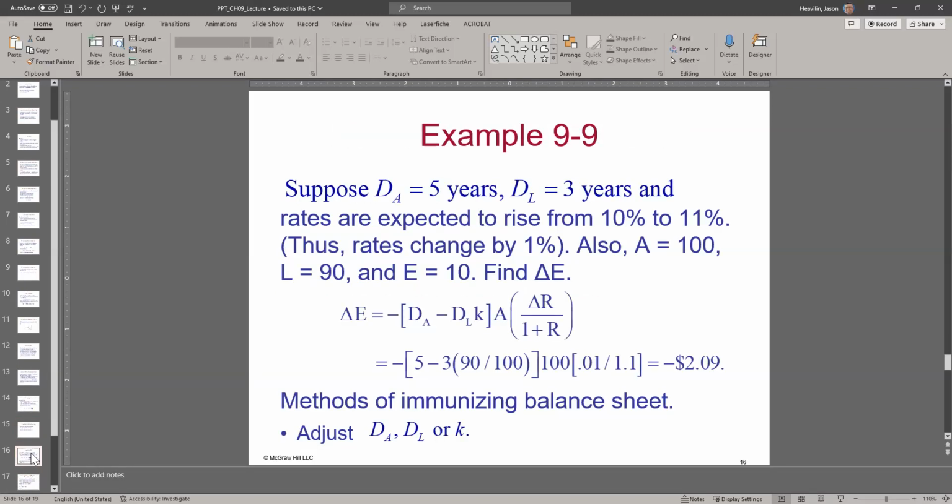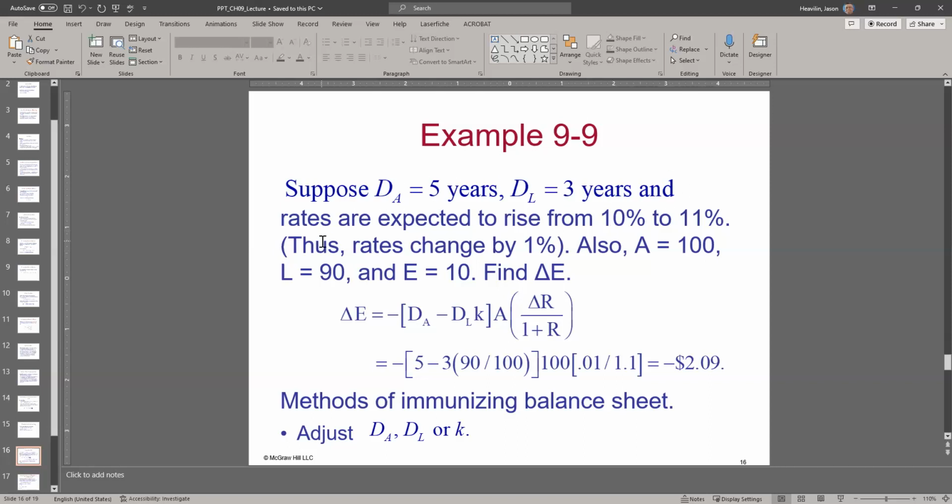Here's an example, so you can follow with the numbers. Let's say the duration of the assets, when you calculate, comes to 5, and the duration of liabilities is 3. Notice there's a difference. You can work hard at trying to match them and close that gap as much as you can, but it's not always possible. So in this scenario, this is where we are.